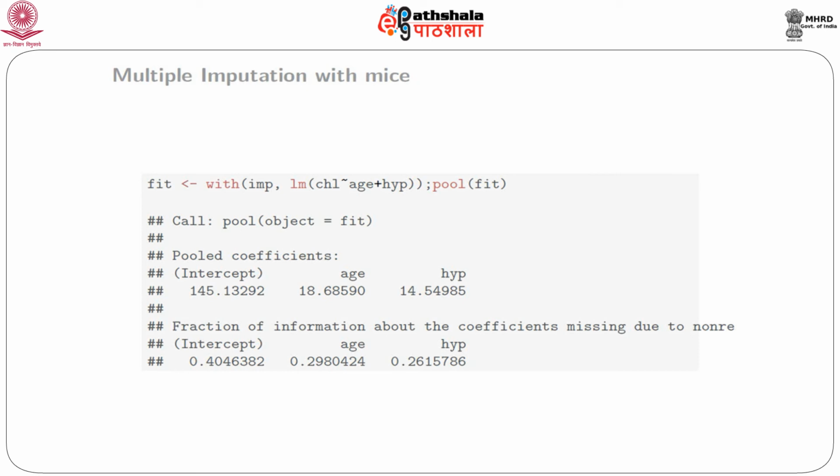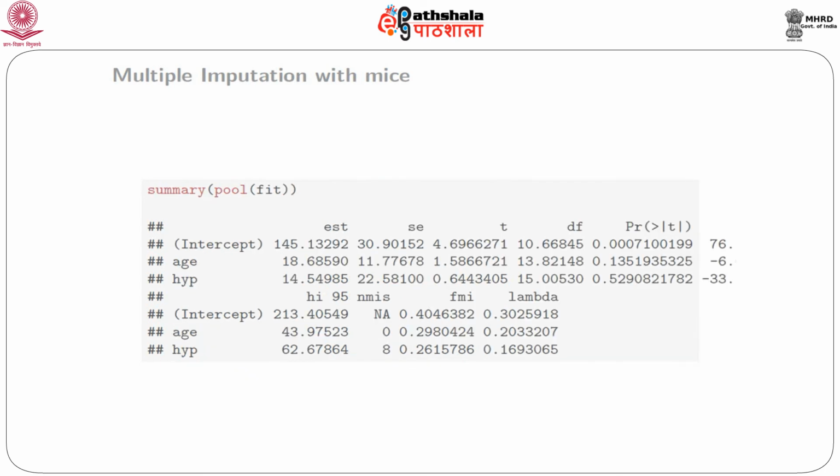For the first one, the effect of age comes out to be 17.46. For the second imputation it comes out to be 11.33, for the third 23.87, for the fourth 27.3, and for the fifth 18.58. Now, we can use the pool function on the fit object to see what the effect is. We can get a more detailed result by using the summary of the pool function.